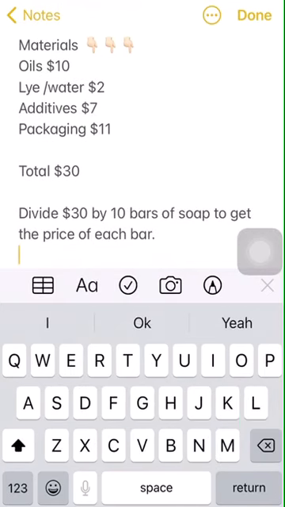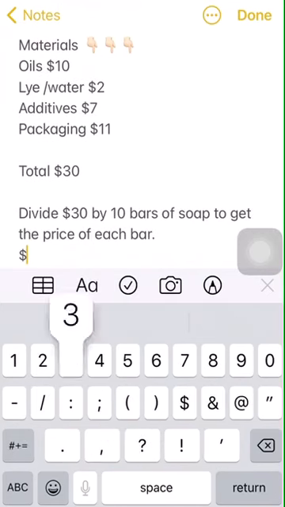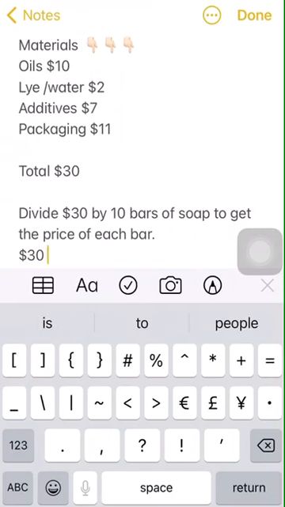So 30 divided, where is the divided sign?